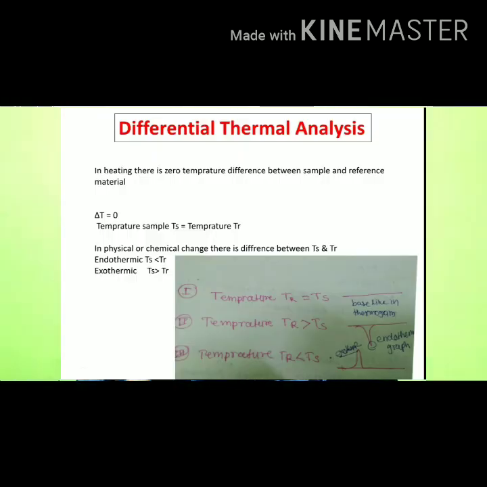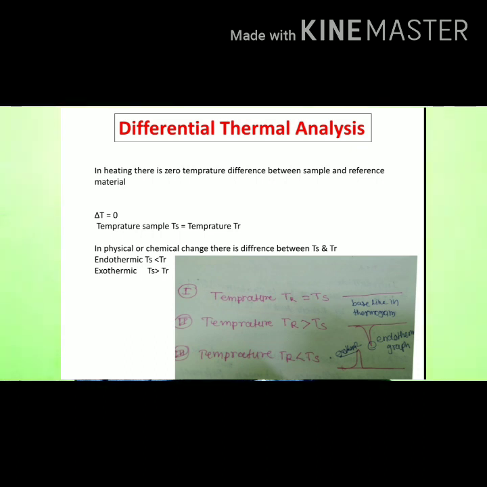We heat, as said earlier, at 30 degrees Celsius per minute, both sample and reference materials. When a sample does not undergo any physical or chemical change, del T is equal to 0, as with the inert material.